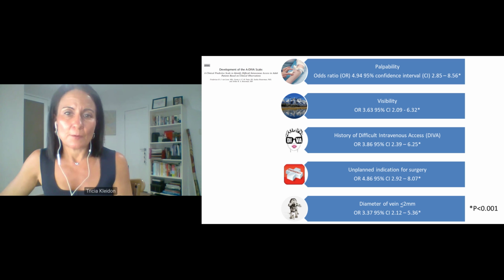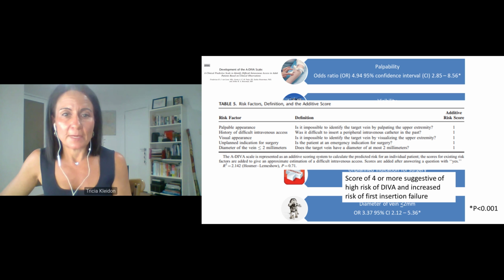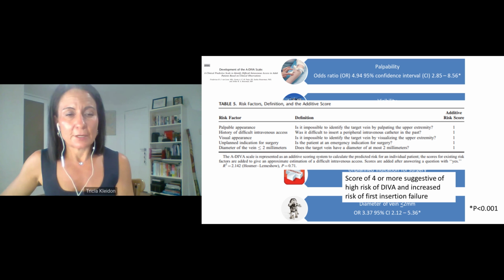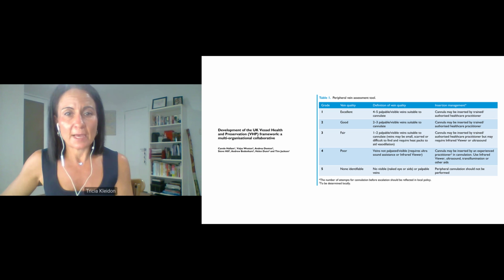So they found that when palpability, visibility, or a history of DIVA or unplanned indication for surgery, or if the diameter of the vein was less than or equal to 2 millimetres, they had an increased risk of the patient being known as a difficult intravenous access. And you can see this is the scoring system that they used. So again, it doesn't actually tell you what to do once you determine a patient to be difficult intravenous access.